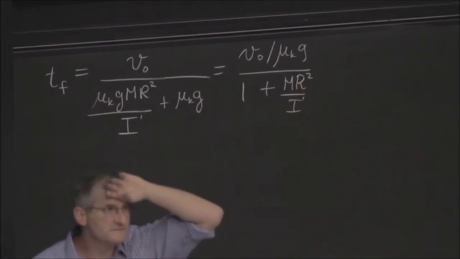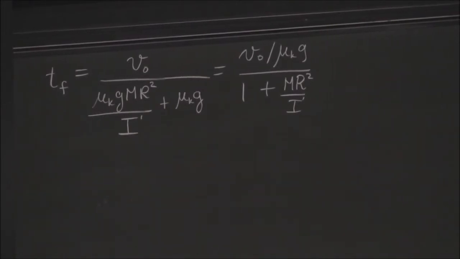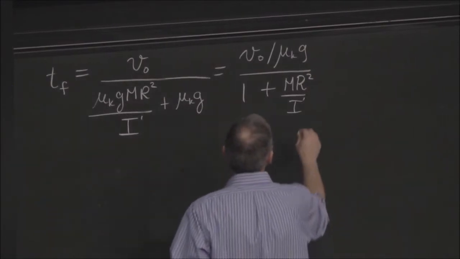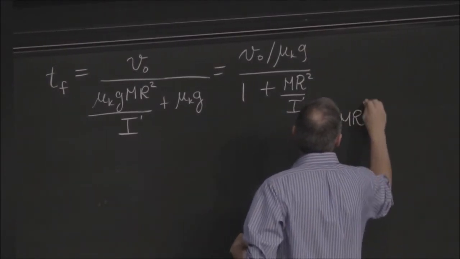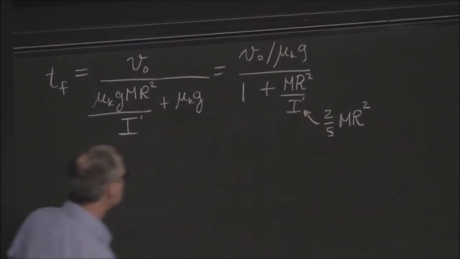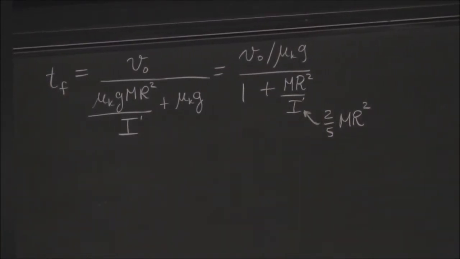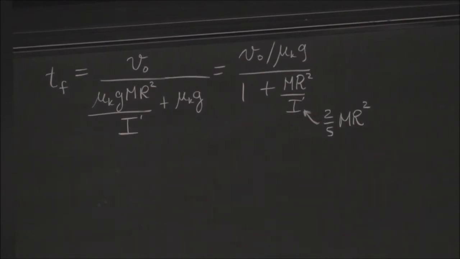So if it's a uniform sphere, what is I prime? 2/5 mr squared. So this would be 2/5 mr squared for a uniform sphere. So that's 1 over 2/5, that's 5 halves, plus 1 is 7 halves, and the bottom is 2 sevenths.